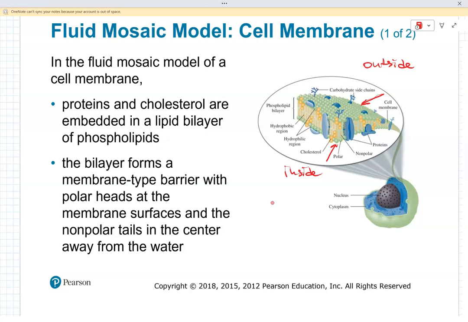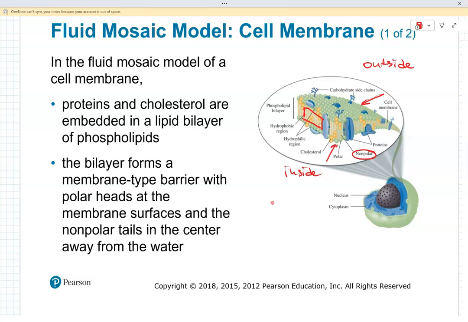So you want a polar head to face a polar solvent. Is it clear? However, the inner portion is made of fatty acid tails, so it's non-polar. Okay? Am I making sense? All good?